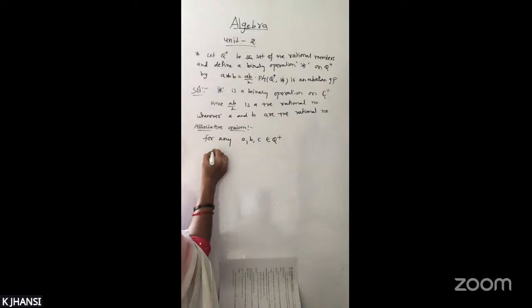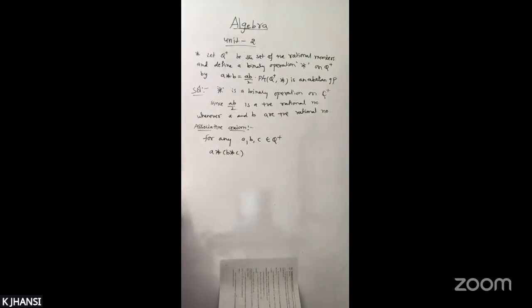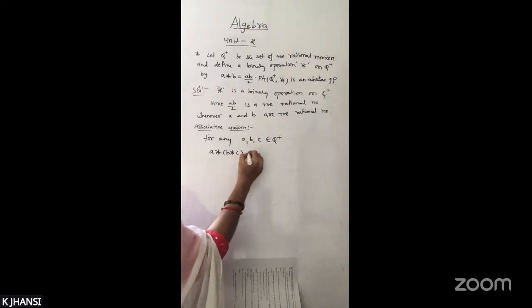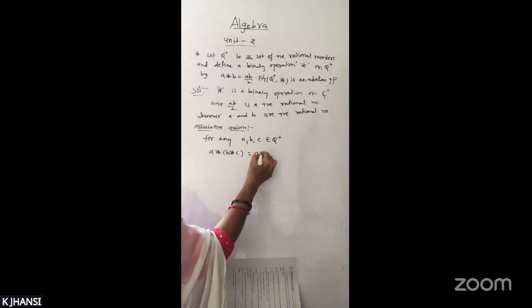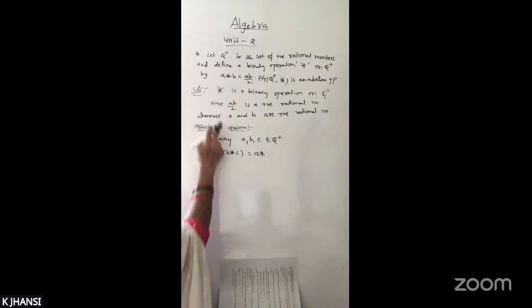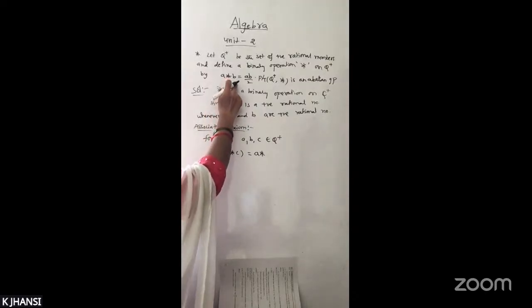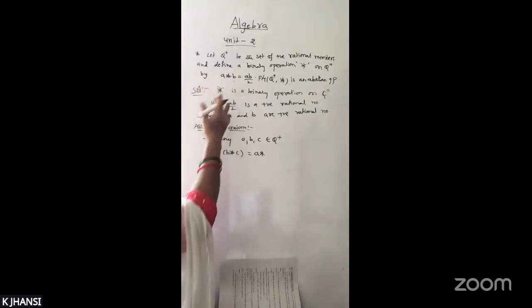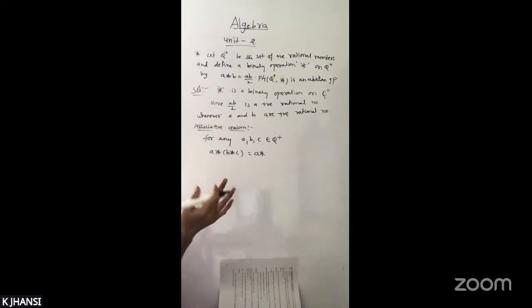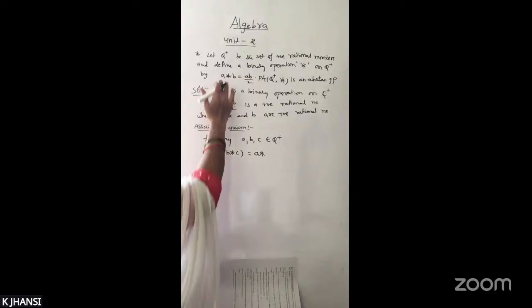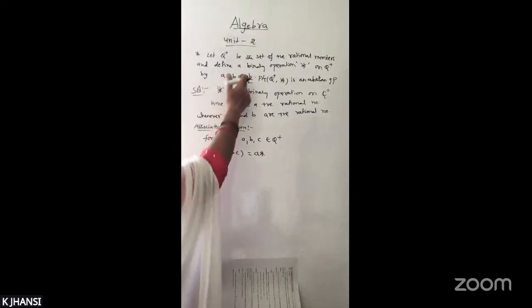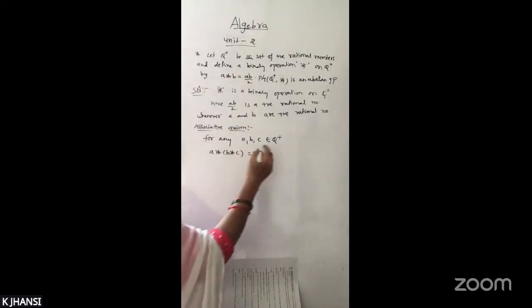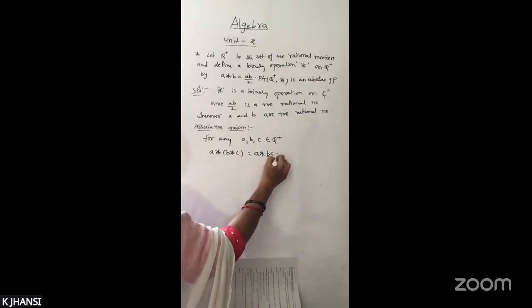A star B, B star C. We know the definition: A star B is AB by 2, so B star C is BC by 2.